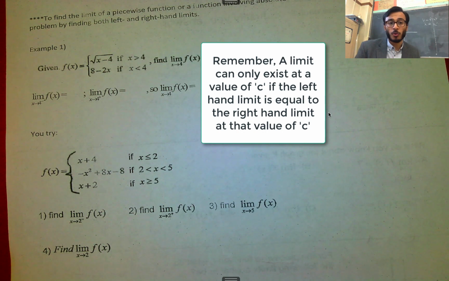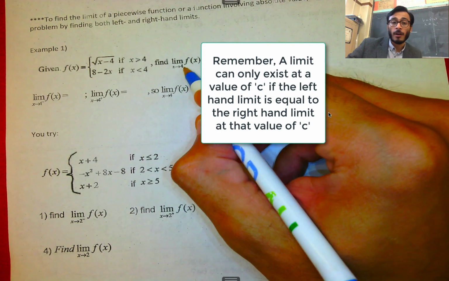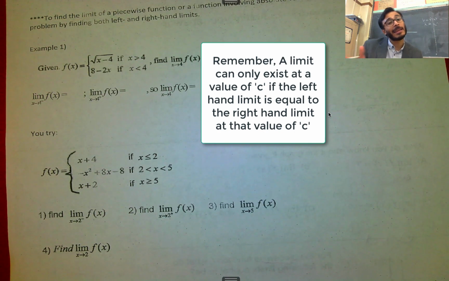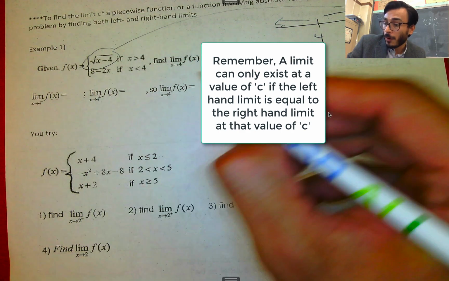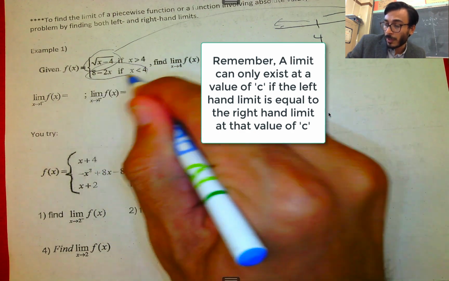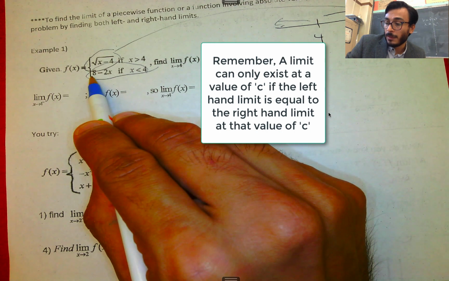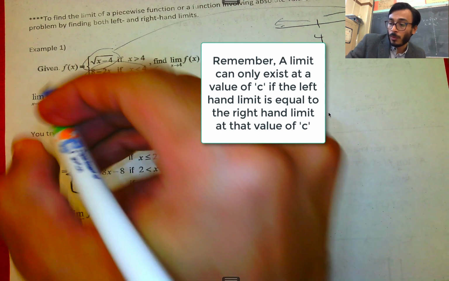So what you want to do is you want to take the limit at 4 from the left side and from the right side. So then let me plug 4 into this function right here. So then that's going to be 8 minus 2 times 4, which is 0.